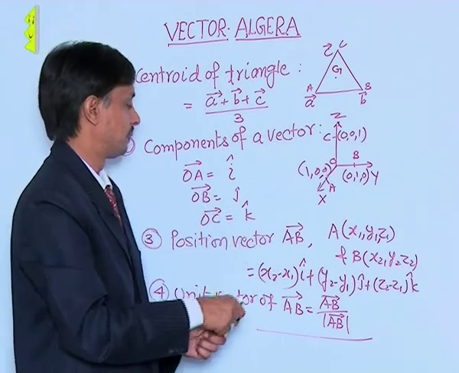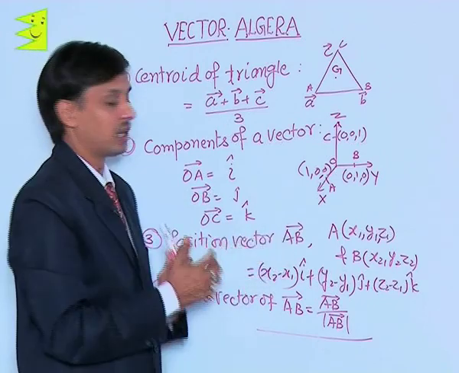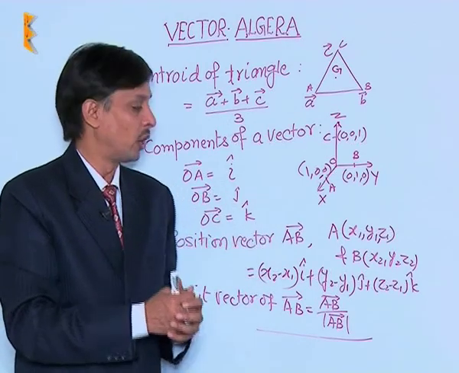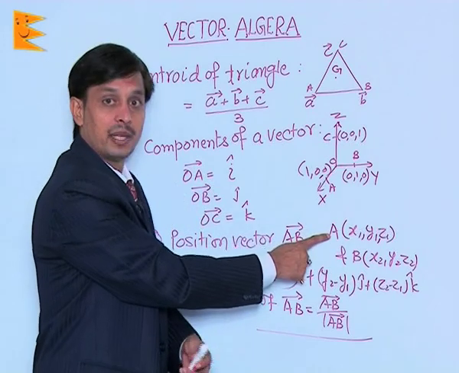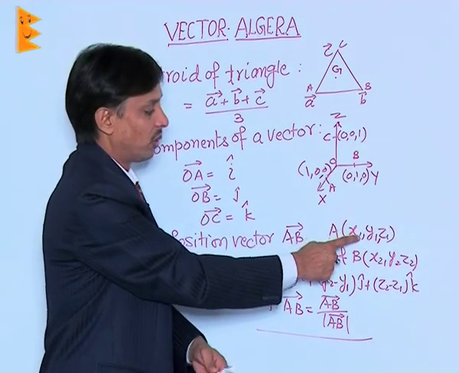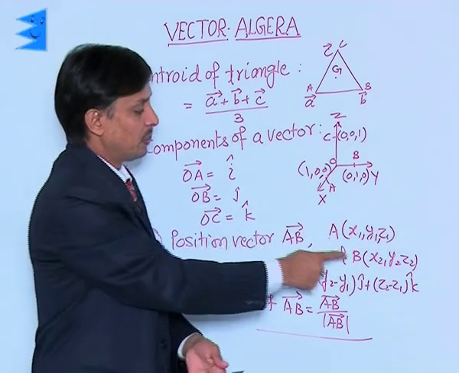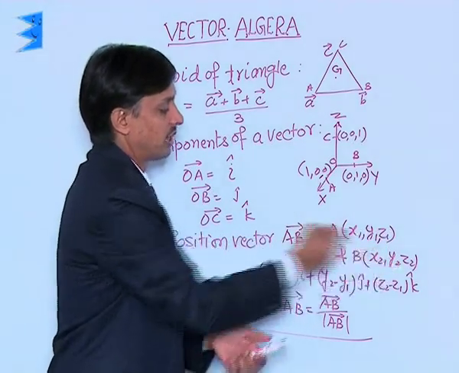Now, the position vector: suppose you have two points in space. One is point A, whose coordinates are x1, y1, z1. Another is point B, whose coordinates are x2, y2, z2.